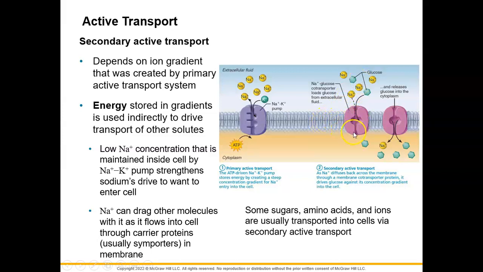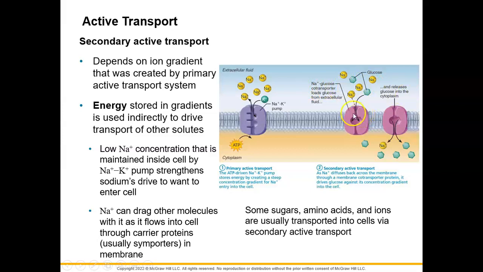So our body creates transporters that will allow sodium to pull in a substance that is going to go against its gradient, like glucose. Generally, there's more glucose inside my cells than out. So glucose is not going to move down a concentration gradient. Moving into the cell, it's going to move against a concentration gradient. So glucose has no drive to want to enter my cell. However, we can use sodium to drag another molecule, like a glucose.